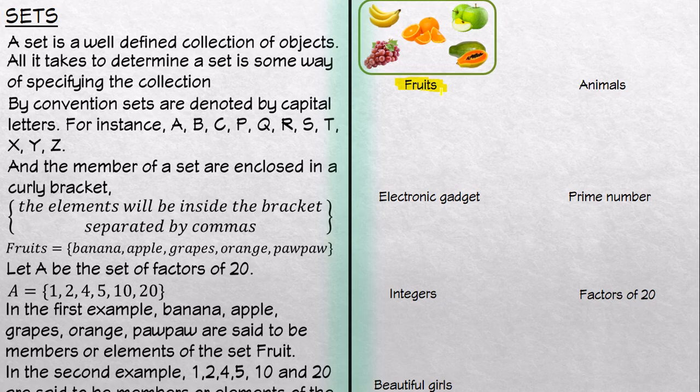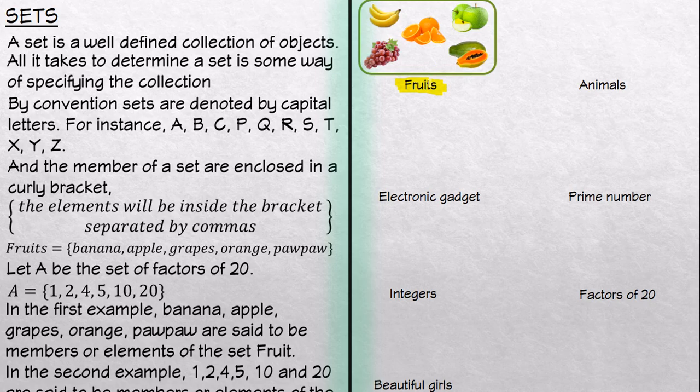So by the way I have defined the set over here, it should tell me the elements that are supposed to be in the set and elements that are not supposed to be in the set. So for instance, cassava is not a fruit, so it means that we cannot add cassava to these elements. Another example, a mobile phone is not a fruit.